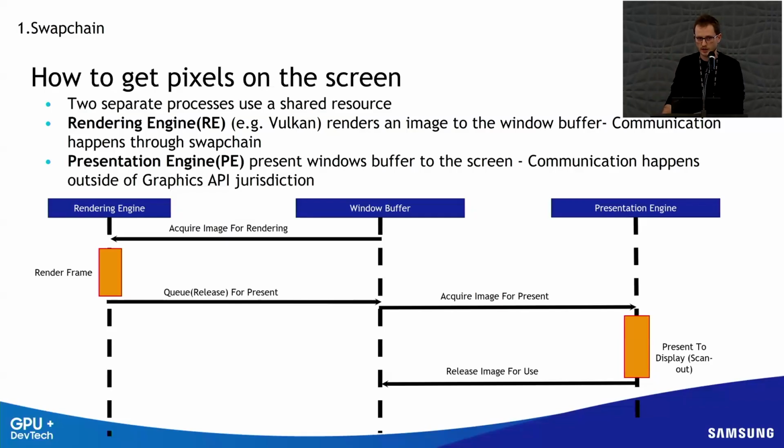So we have the rendering engine, which turns your data into a presentable image, and the presentation engine that gets it to the screen. Swapchain is the thing that lives between the rendering engine and the window buffer in this graph. It helps you synchronize your images between the rendering engine and the presentation engine.